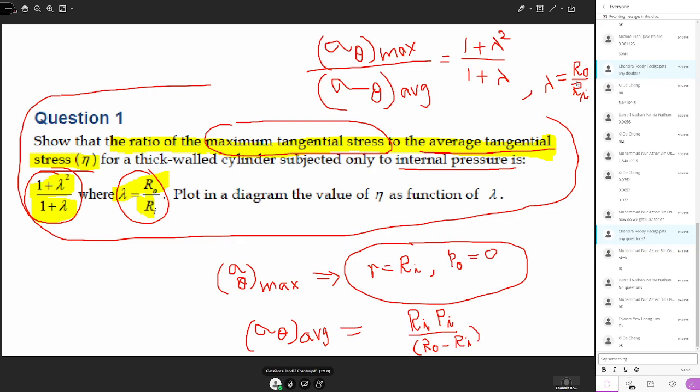Once we take the ratio of these two terms and simplify, we should be able to write the required equation in terms of this formula, 1 plus lambda squared over 1 plus lambda.